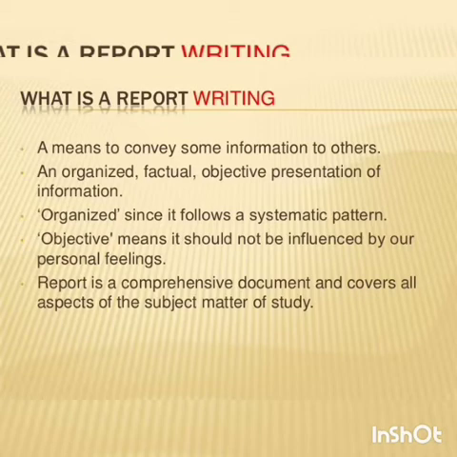Next, what is objective? Objective is nothing but, you should not write your personal feelings in the report. What happened as such should be presented in the report. That is objective. And a report is a comprehensive document. What is comprehensive? It is an overall complete document which covers all the aspects of the subject matter of study.